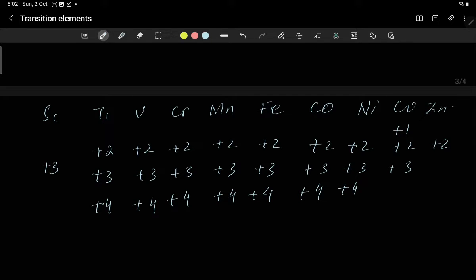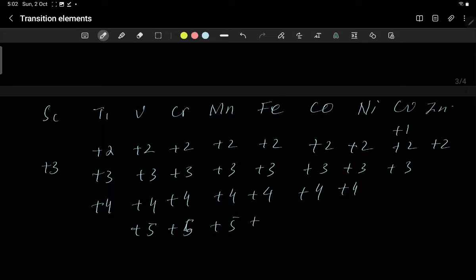Till nickel plus 4. And over here titanium has only plus 2, plus 3 and plus 4 oxidation state, but vanadium has plus 5 also, chromium has plus 6 also, and manganese also has plus 5.